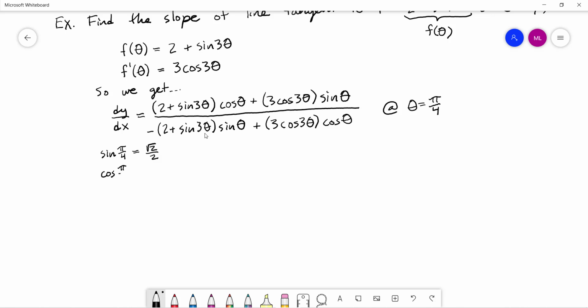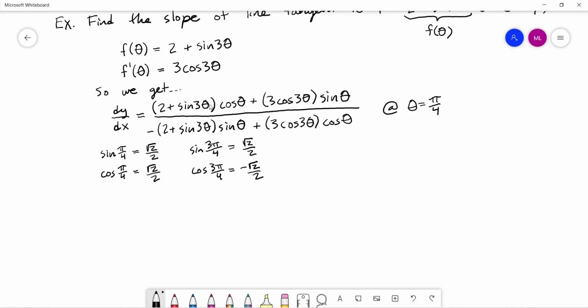Cosine of pi over 4 is root 2 over 2. Sine of 3 pi over 4, which is what we would get when we plugged in theta equals pi over 4 here and here, is also root 2 over 2, whereas cosine of 3 pi over 4 is going to be negative root 2 over 2.